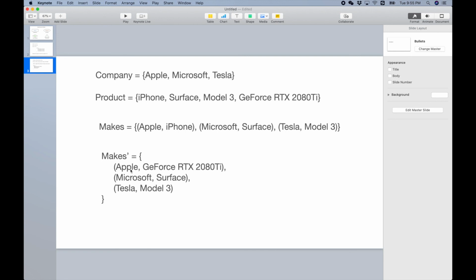Even though Apple doesn't make the GeForce RTX 2080 Ti, it was made by NVIDIA, according to the definition this is still a relationship between a company and a product, even though it may contain some wrong information. Therefore, both Makes and Makes Prime are relationships between companies and products, according to our definition.